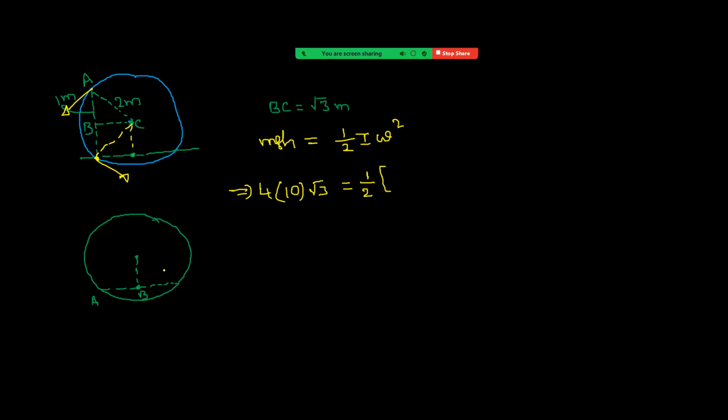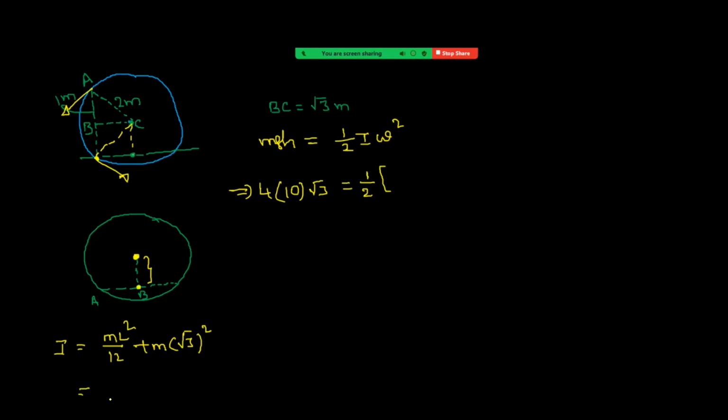Now you should be very careful. We have to find the I value about the same axis. If you take this board plane as the xy plane, this is now the z axis. So about this axis, the I value is ml square by 12. But we have to find it about this axis, so plus m into the square of the distance, m into root 3 whole square. That is the I value.